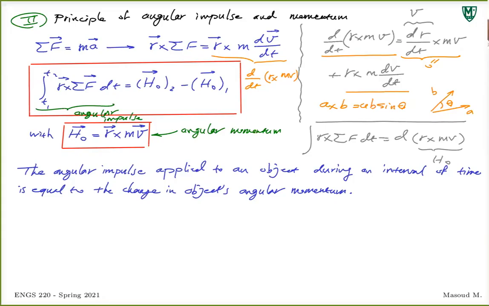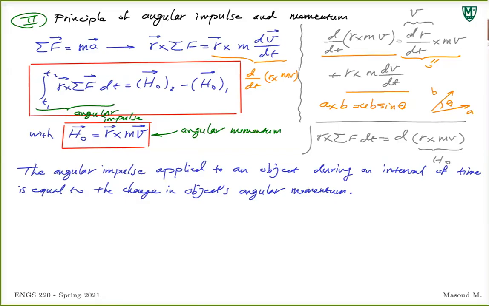Now, mv was pretty clear. Linear momentum, wherever the direction of v is, m is just a constant mass applied to it. So mv has the same direction as v. But r cross mv has a cross product there, and r, the position vector, comes into play. So you have to follow the right-hand rule.